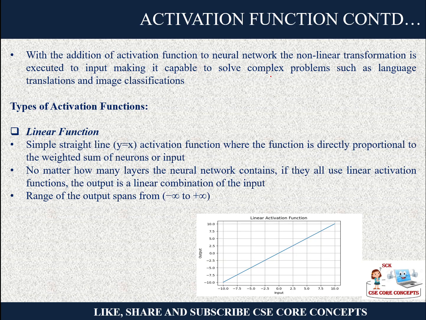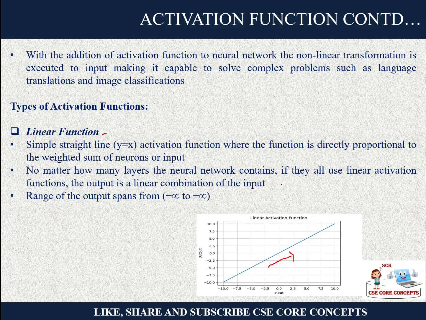So let us see the types of activation functions. Obviously, the linear function is one of the types. It is simple, a straight line. Here you can see it is the line y equals x at a 45-degree angle. This means the output is directly proportional to the weighted sum of the input.